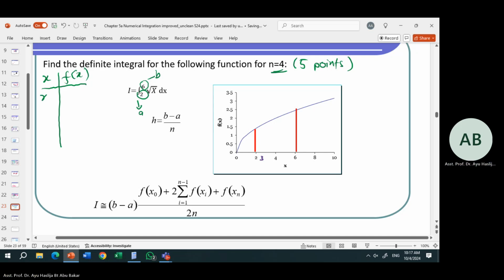Okay, so X naught, remember we have 5 points. 1, 2, 3, 4, 5. Okay, until X4.